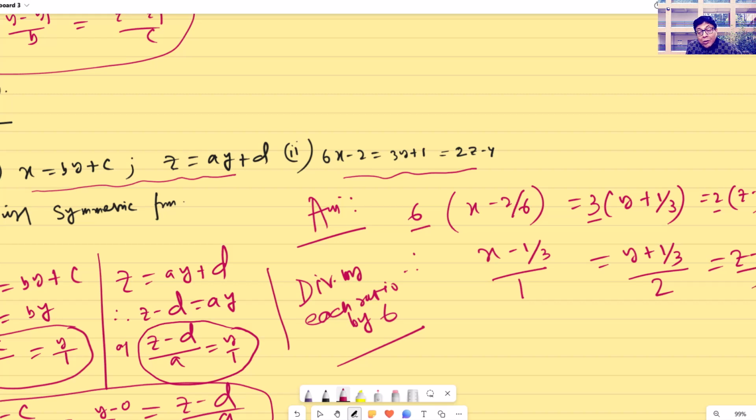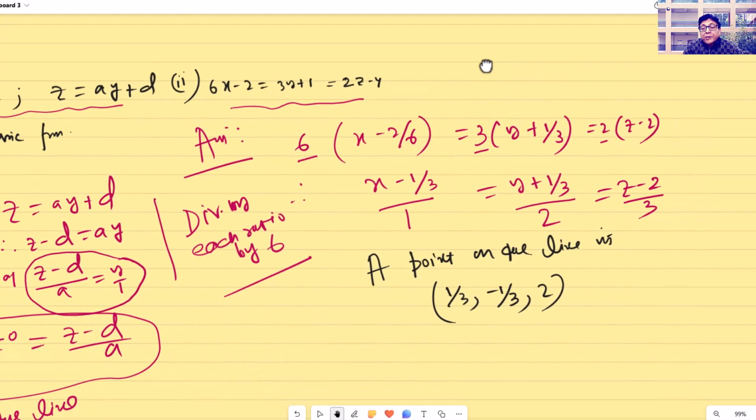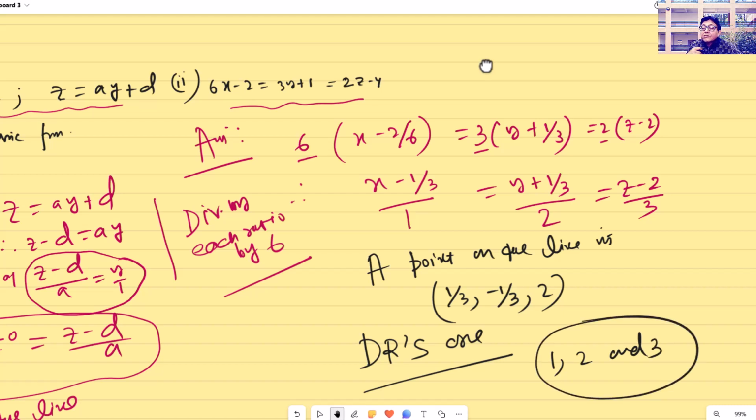Okay? So what is a point on the line? A point on the line is 1 by 3, minus 1 by 3, 2 by 3. And direction ratios of the line will be what? DRs are 1, 2 and 3.